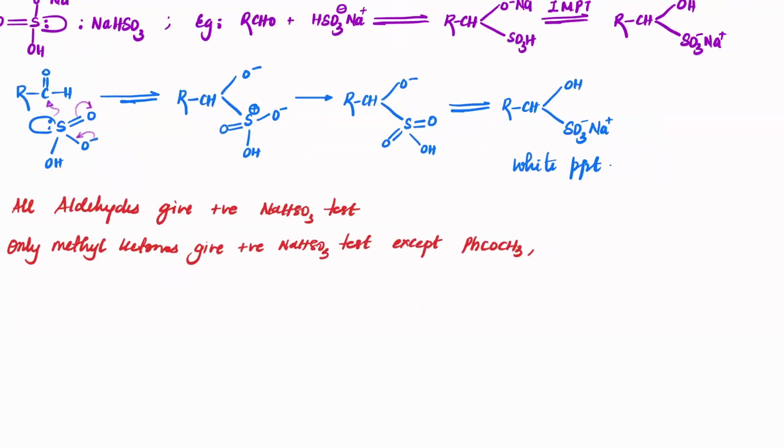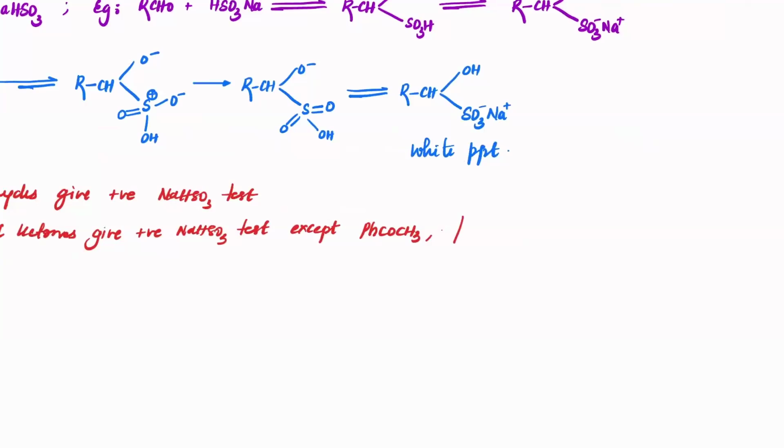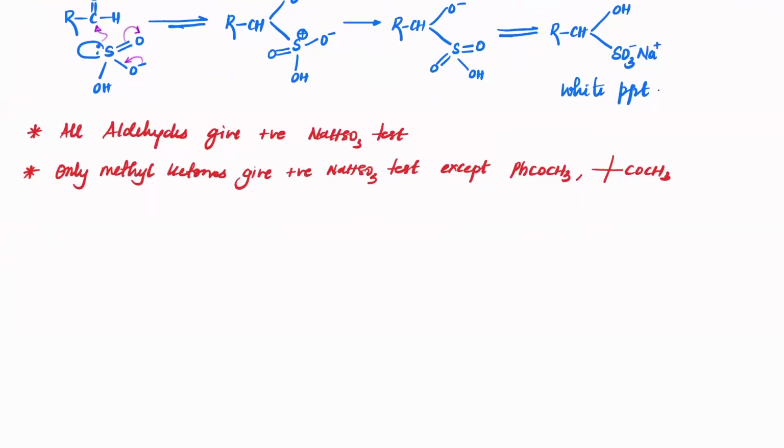This is a methyl ketone, but it will not give a positive test. Or tert-butyl COCH3. This will not give a positive test. So these two will not give any positive test at all.